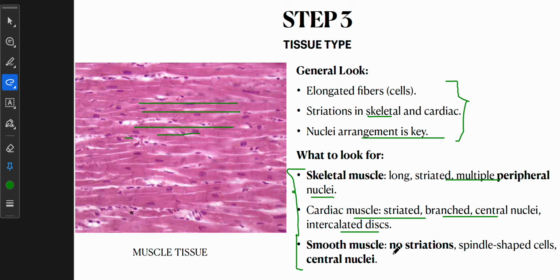And in smooth muscles, there are no striations. So how do you recognize them? You don't have to recognize between these three cells by appearance alone. For example, a patient comes with symptoms of muscle weakness. You don't have to think whether it is cardiac muscle or smooth muscle.